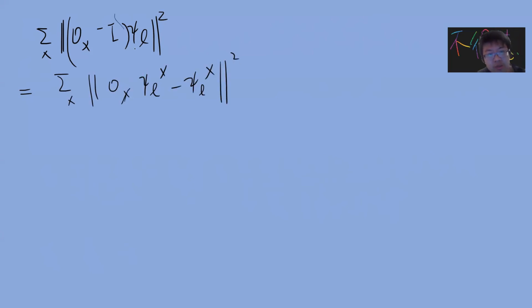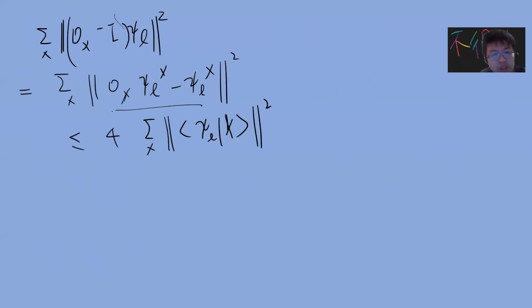Remember that psi L and psi LX differ by a sequence of unitary oracles, so you can insert all the unitaries here and plug it in, and this is less or equal to 4 times the sum over x of psi LX squared.